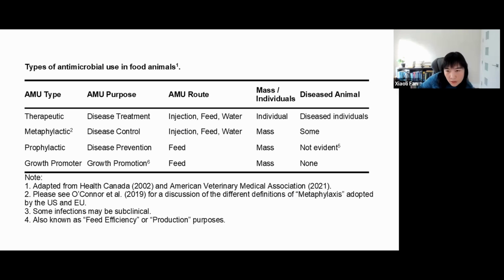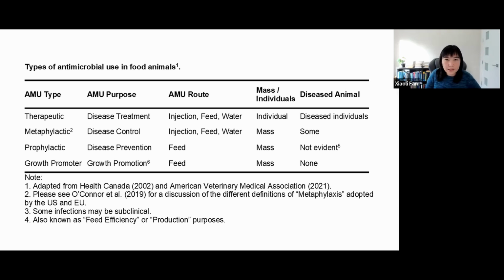Let me talk a little bit more about the antimicrobial use in food animals. This is a table from Health Canada. I changed some terms a little bit.